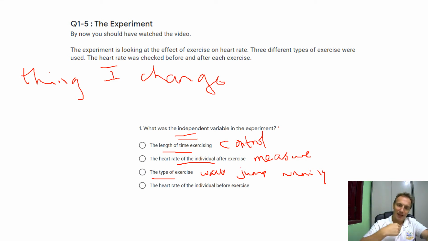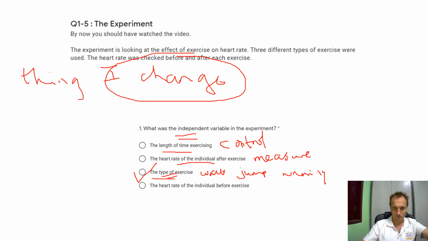I said, now we run. So I changed the type of exercise. So the correct answer is this one here. This is the independent variable because this is the thing that I was changing. The heart rate of the individual before the exercise was measured, but it's not something that I could physically control or change.